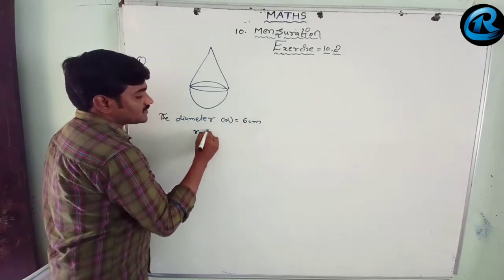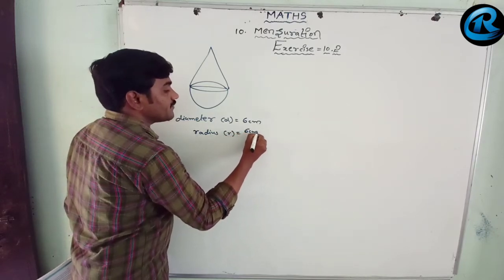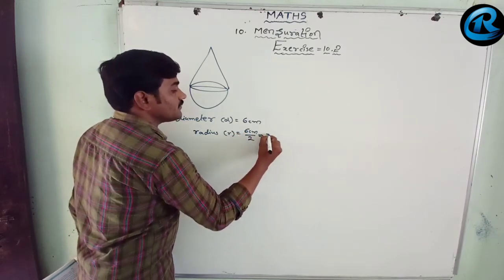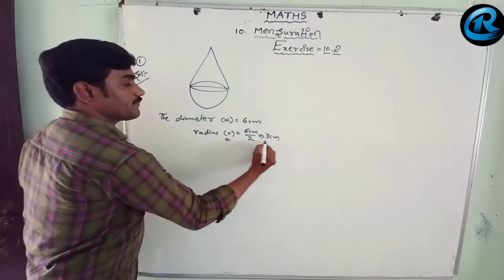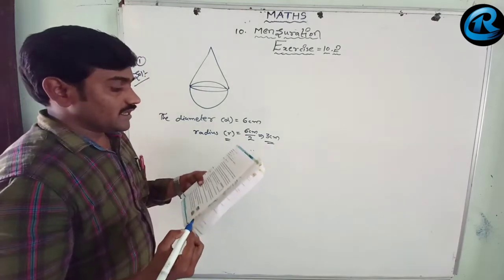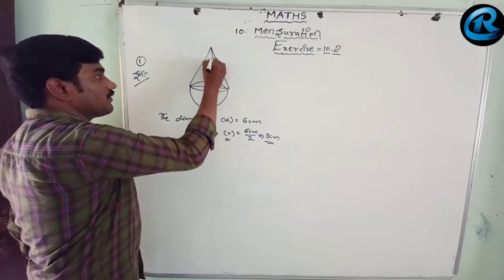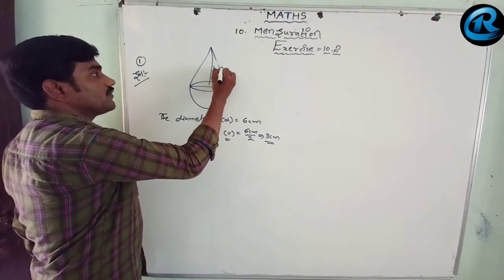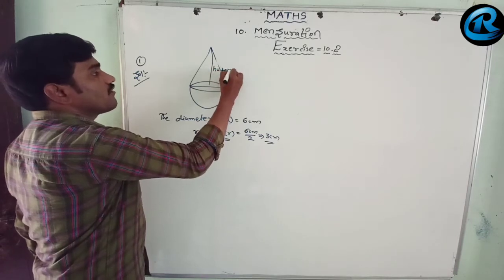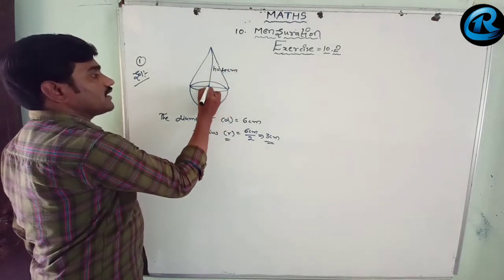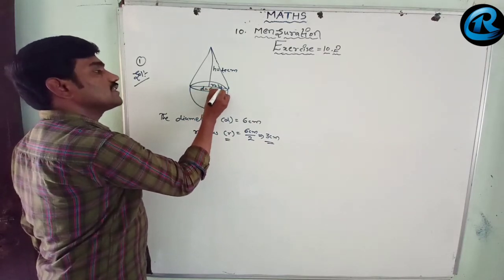Then the radius r equals 6 cm by 2, that is equal to 3 centimeters. The height of the cone is 4 centimeters, and here the diameter is 6 centimeters, so the radius will be 3 centimeters.